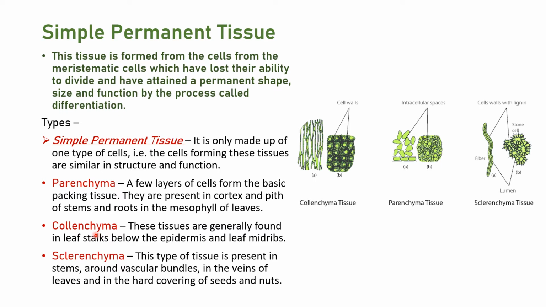Then comes collenchyma. These tissues are generally found in leaf stalks, below the epidermis, and in leaf midribs. The main function of collenchyma is to give mechanical strength and flexibility in plants.